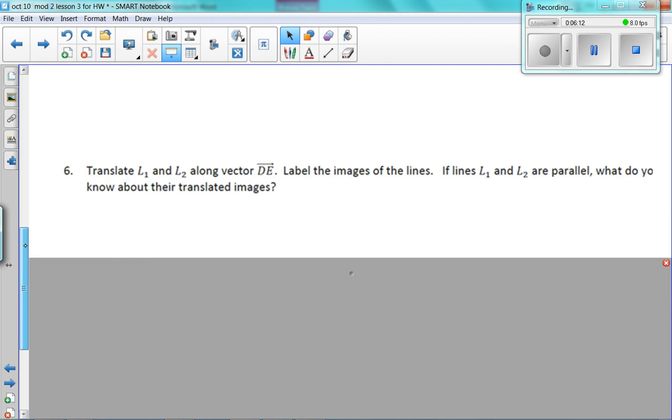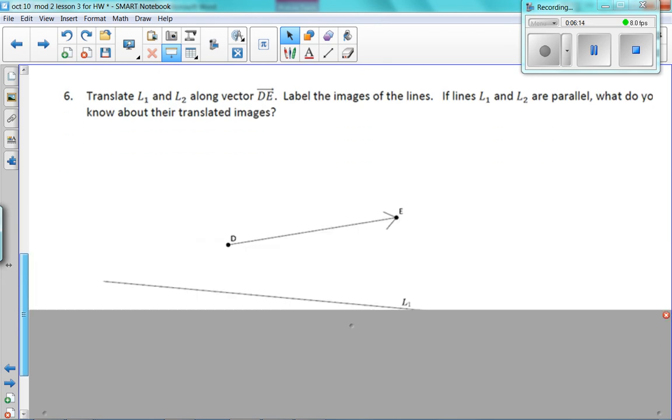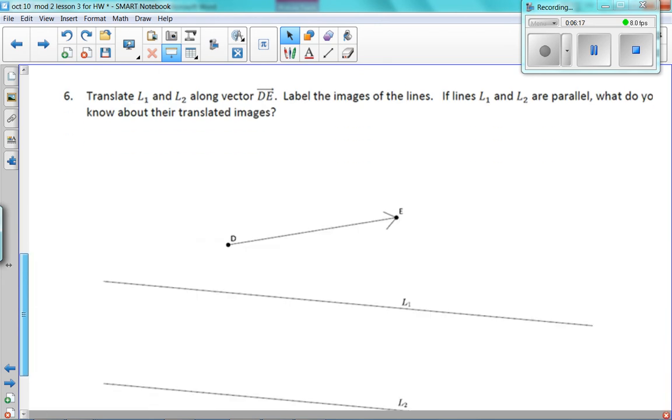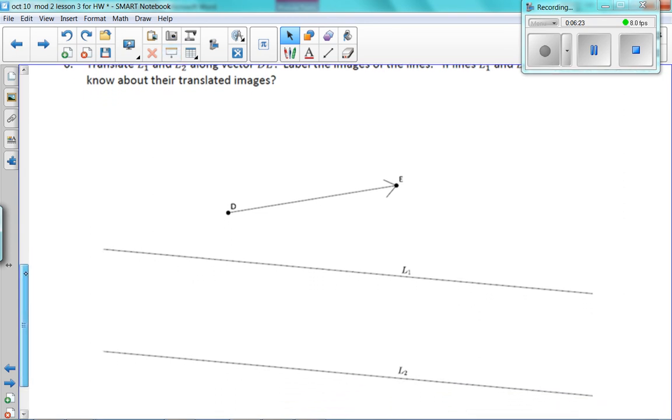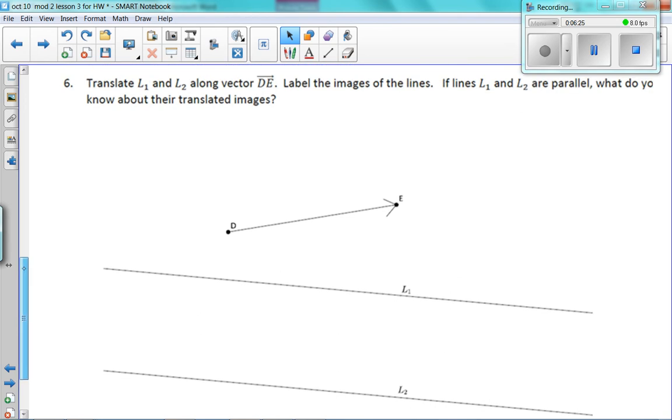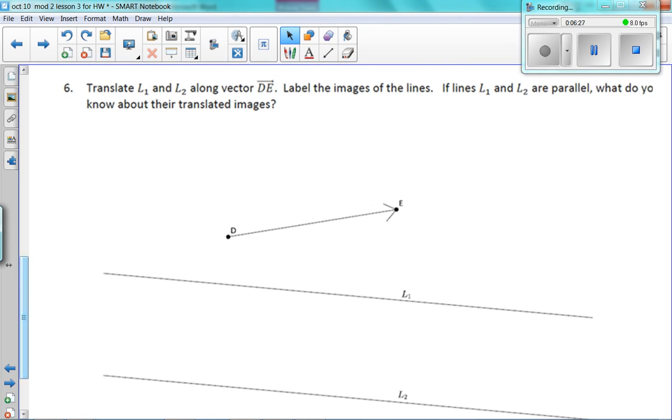Question 6 says, translate L1 and L2 along vector DE. So we have two lines now, line L1 and L2. Translate them along vector DE.